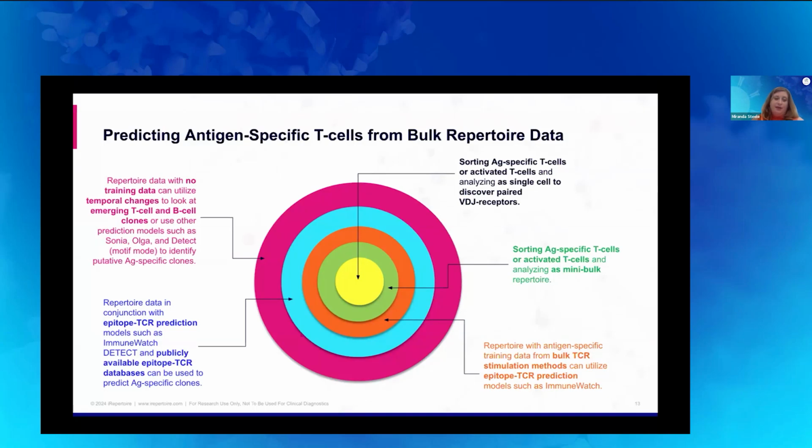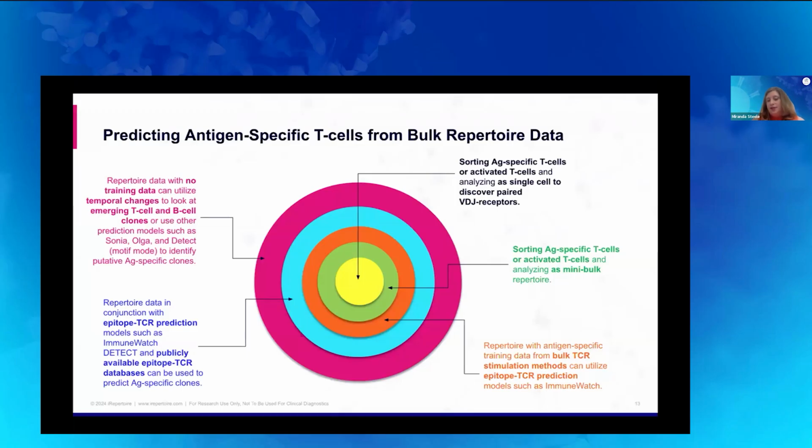As we go a step in, this would be taking repertoire data, so no single cell data in any of these first three approaches. You're taking repertoire data in conjunction with epitope TCR prediction models, such as ImmuneWatch DETECT that you're going to hear about today, and publicly available epitope TCR databases, and using those then to predict antigen-specific clones. But it really starts to get much more specific as you start to train the data sets with your specific epitopes of interest.